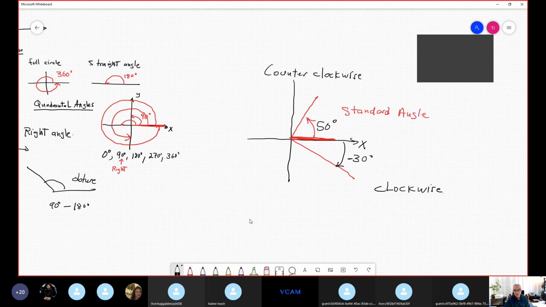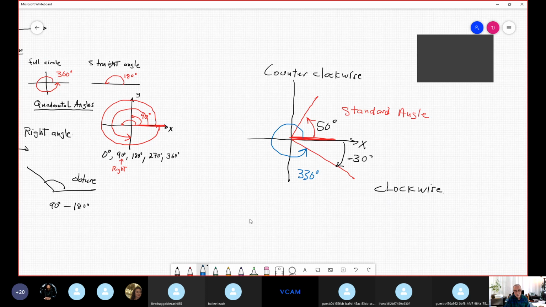Counterclockwise is positive. Ajá, so, professor, you can represent this angle like that, or you can represent this angle, for example, like that. It's the same, but in this case, it's 330 degrees positive, because 330 degrees plus 30 is 360 degrees. So there are many ways to express one angle.